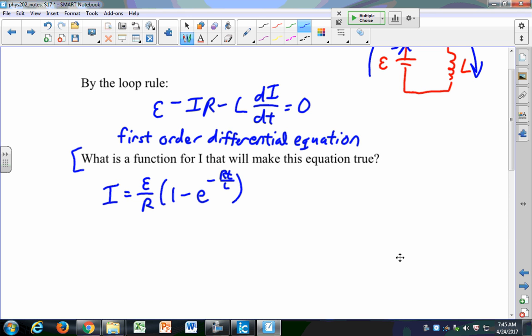I can simplify it a little bit. Remember we had a time constant for our RC circuits. We're going to have a time constant as well here for our inductor circuits, our LR circuits. Tau L is going to be equal to L over R. This is our inductive time constant.